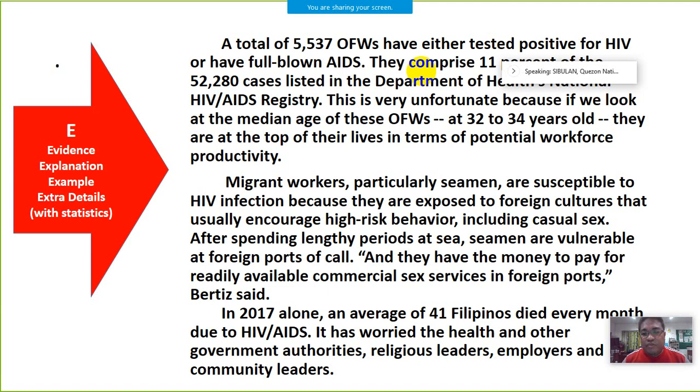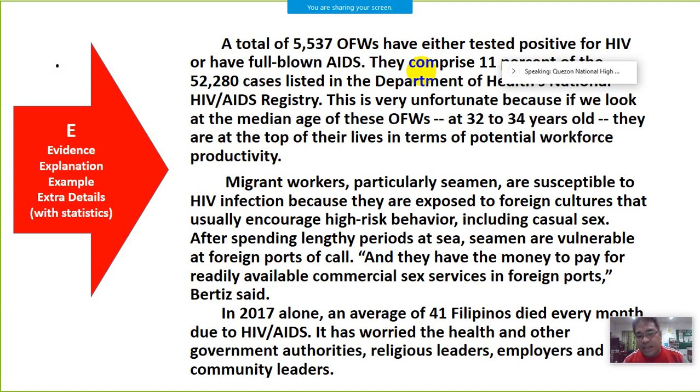So from OFW's group down to seamen group, and this is simply a narrative of action as what Bertes has noted. Then the next paragraph also gives statistics. In 2017 alone, an average of 41 Filipinos died every month due to HIV.